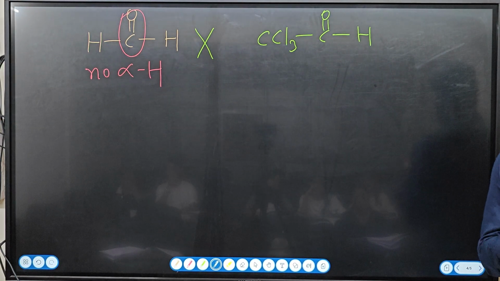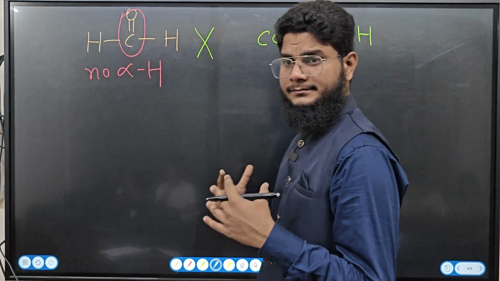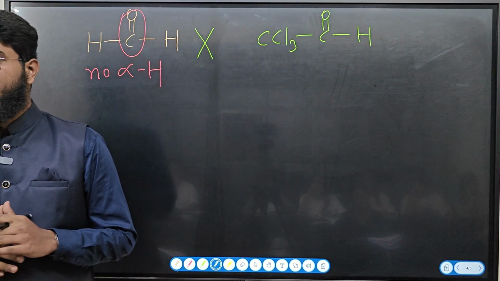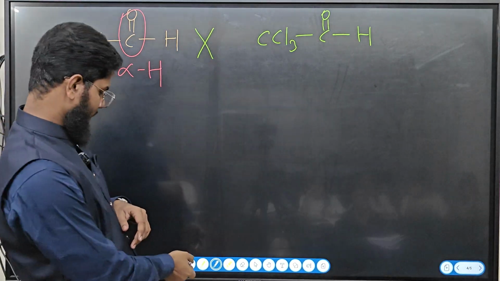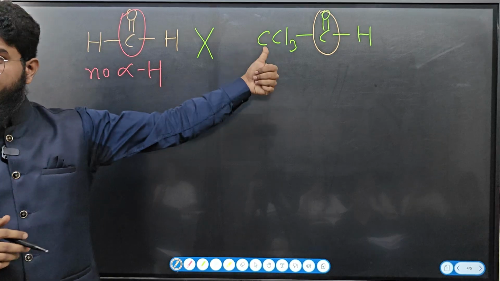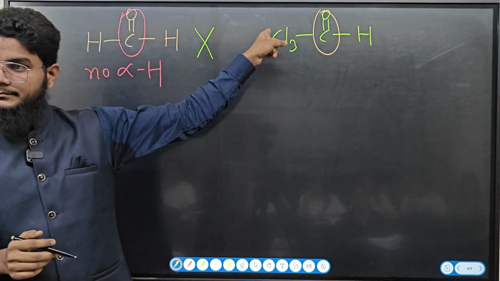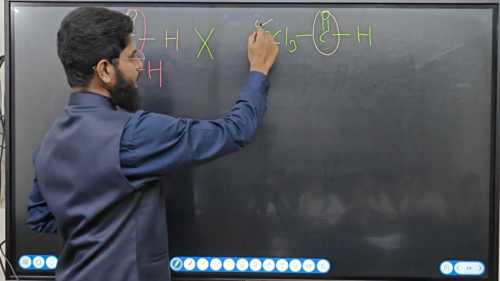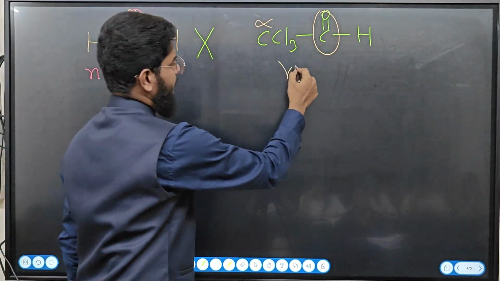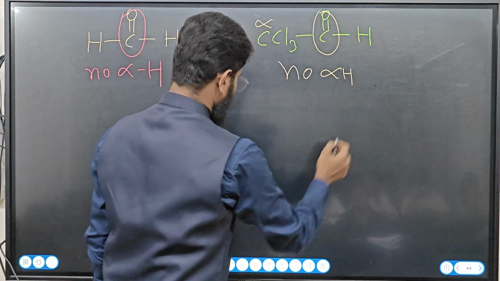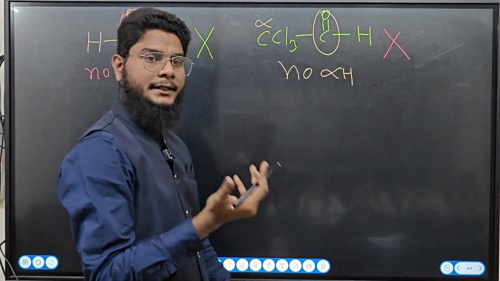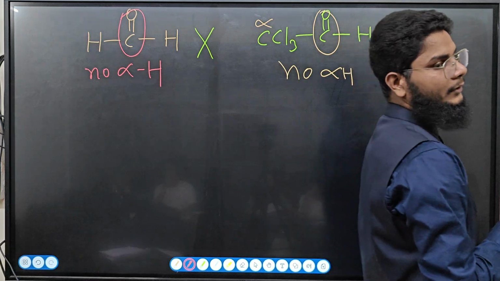Will this one undergo aldol condensation or not? This is your carbonyl functional group and this is the alpha carbon. Is there any alpha hydrogen? No, no alpha hydrogen here also. So this one will also not undergo aldol condensation.